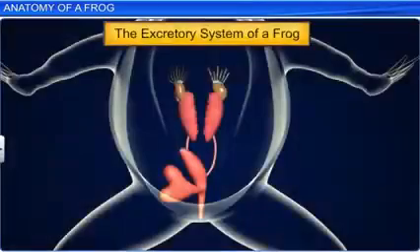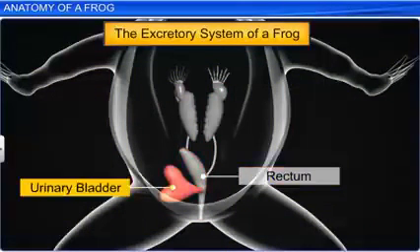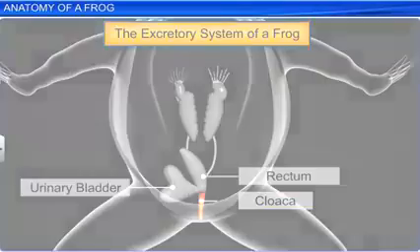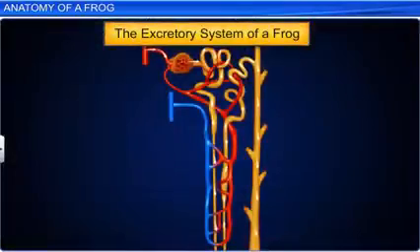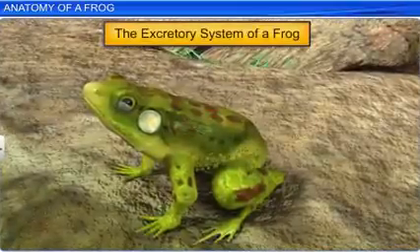Towards the ventral side of the rectum is a thin-walled urinary bladder which also opens into the cloaca. The nephrons in the kidneys absorb the excretory wastes from the blood and convert them into urea. As frogs excrete urea, they are called ureotelic animals.